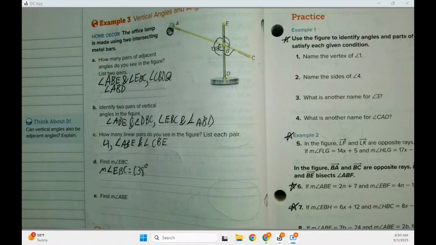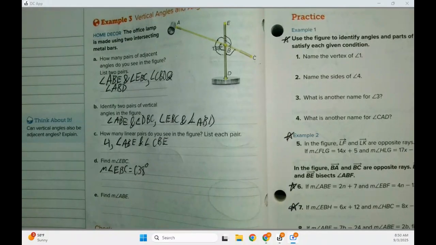And using the definitions still, how would we find the measure of ABE? 42. How in the world did you come up with the meaning of life right there? 42.